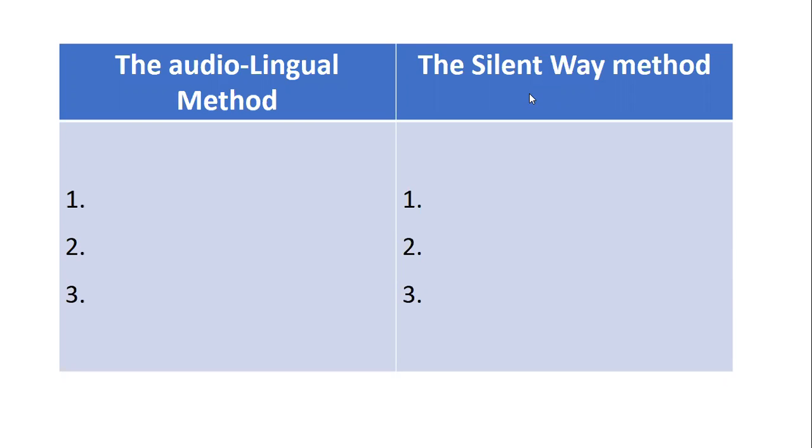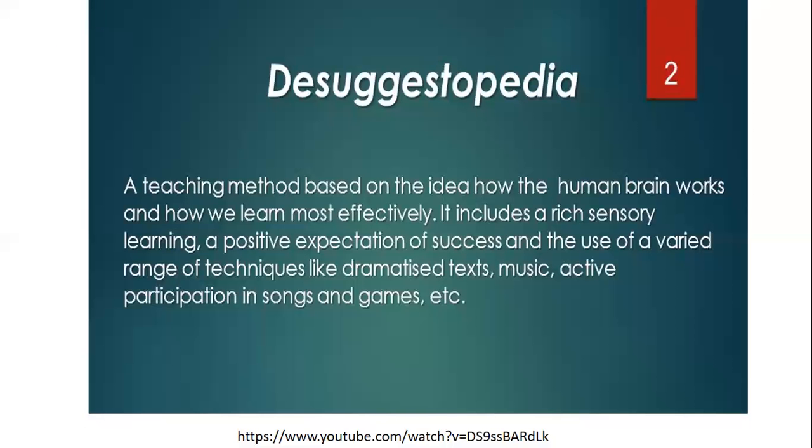In the silent way method, the teacher is silent so the student can work as an independent language learner. The teacher also speaks only a little, and there are no textbooks, because this method is about observation. Perfect. Thank you so much, guys. I hope you got the knowledge about it.